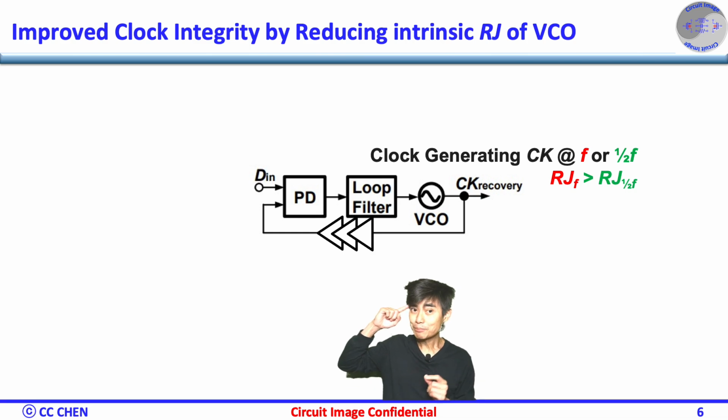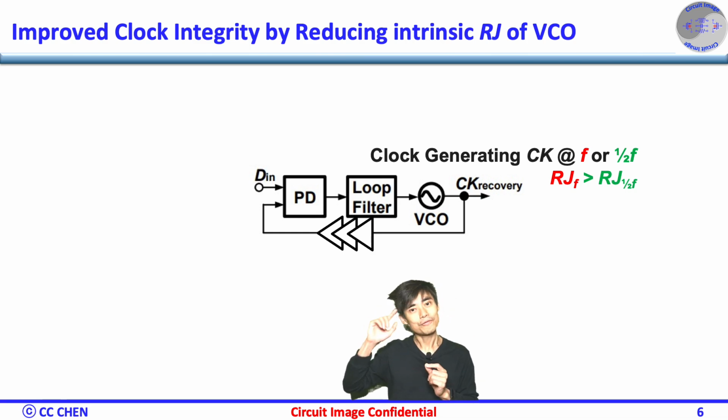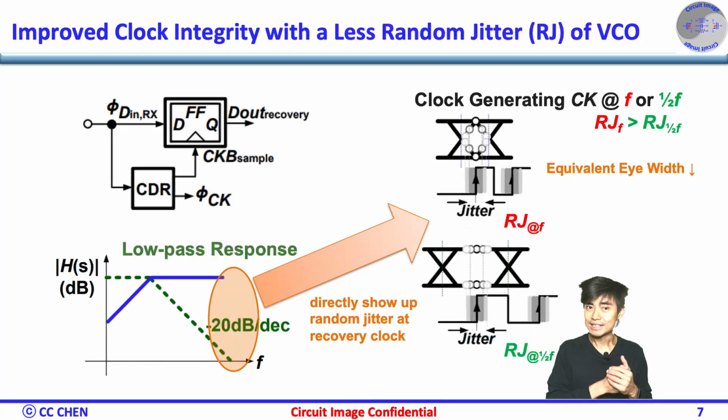Think about the tracking bandwidth of the CDR for 5 seconds. Yes, the CDR has a limited bandwidth of a low-pass response. Therefore, any intrinsic jitter above its tracking bandwidth cannot be tracked by the CDR and would directly show up as random jitter at the recovery sampling clock. Then, the equivalent UI width is shrinking with a higher baud rate.